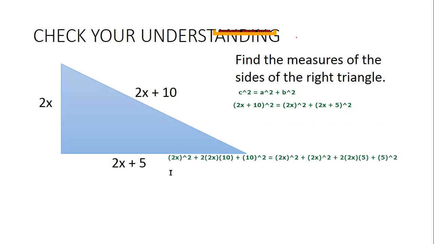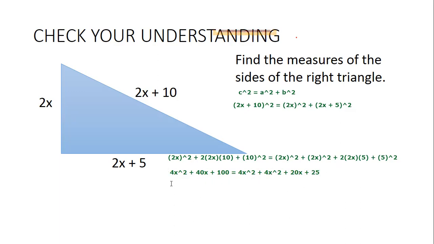Okay, if we're going to evaluate this, this will become 4x squared plus, 2 times 2x, 4x, so 40x plus 100, which is equal to 4x squared plus 4x squared plus 20x plus 25.